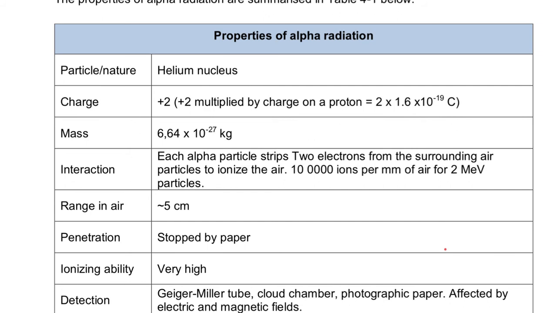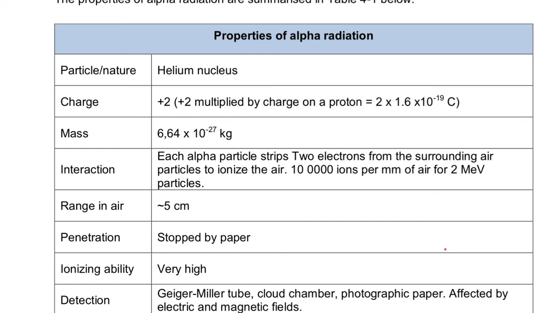So alpha particles are able to ionize the substance through which they move, and the reason for that is because it's a positive helium nucleus, it's going to be very attractive to electrons in atoms in the medium surrounding the alpha particles as they are emitted.